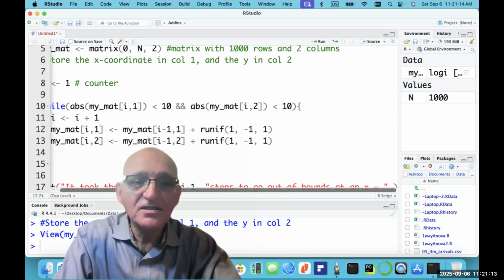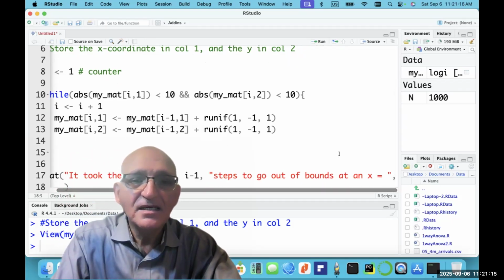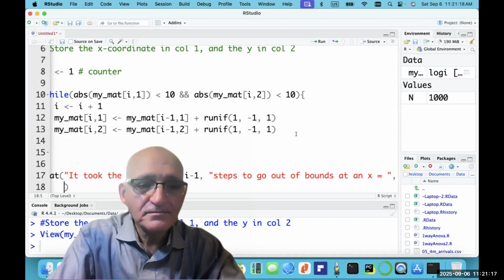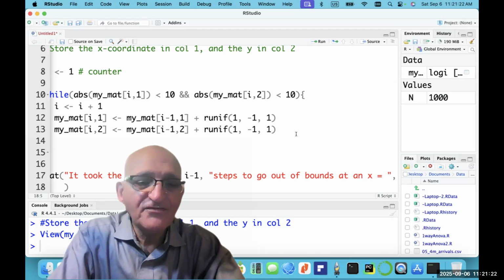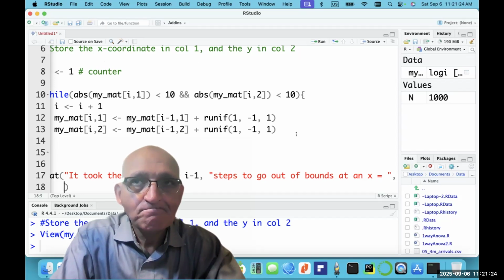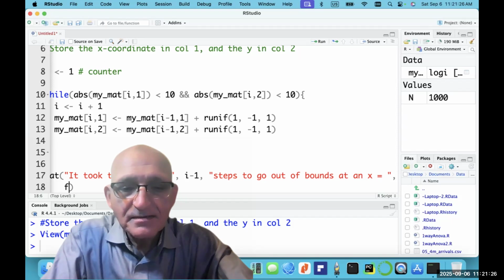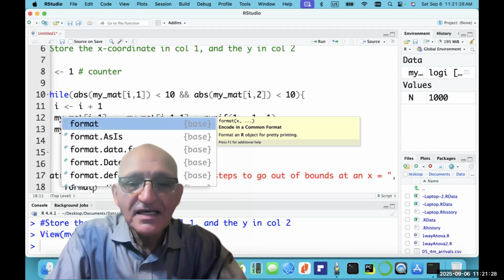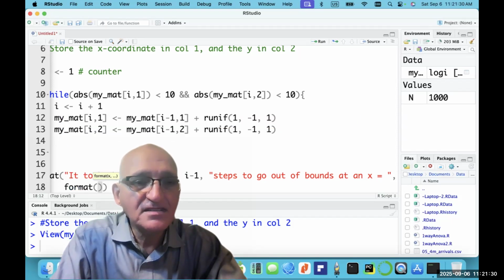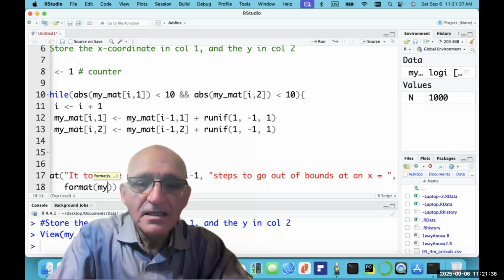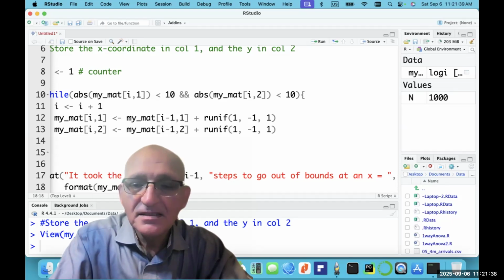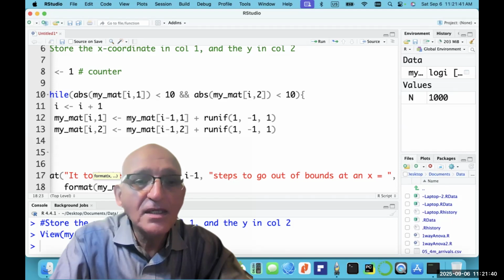Remember, we used two ways to format things. We can say, for example, format, and then between parentheses, I'm going to say X, which is my mat of I and 1.